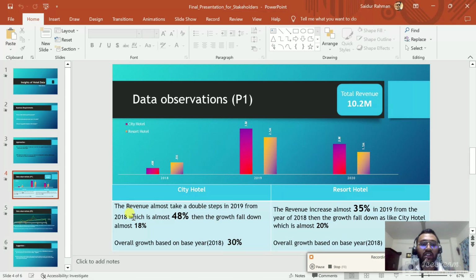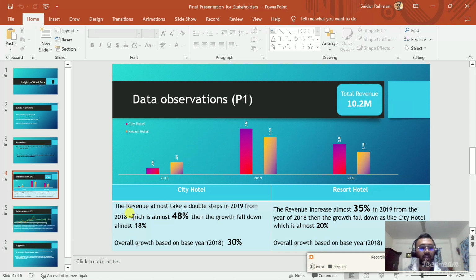So the overall growth was 30%. They grow for a particular season and then fall down, and the overall growth percentage was 30%.